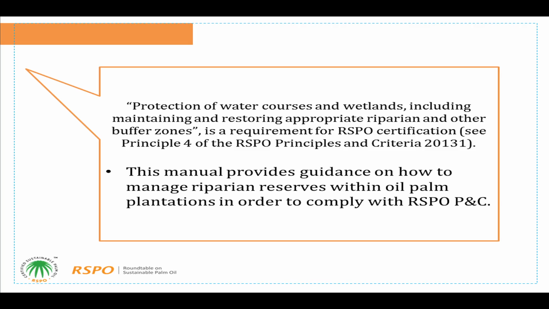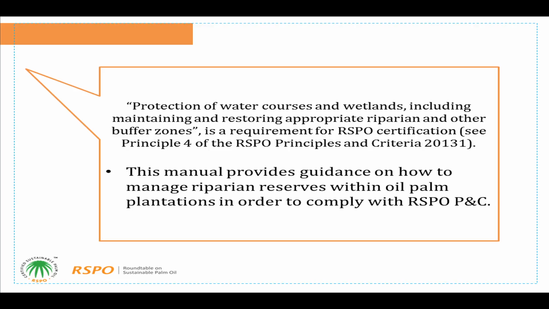So why was this guidance developed? This guidance was developed because in the RSPO P&C, there's a requirement where growers are required to protect water courses and wetlands, including maintaining and restoring appropriate riparian and other buffer zones.